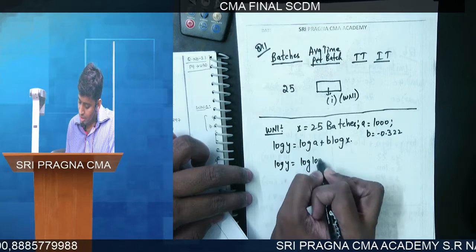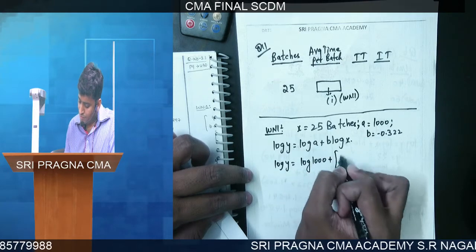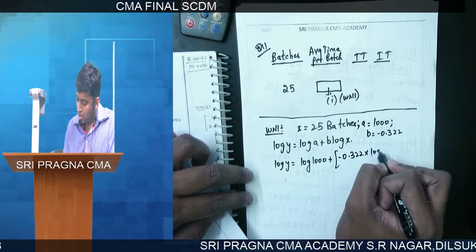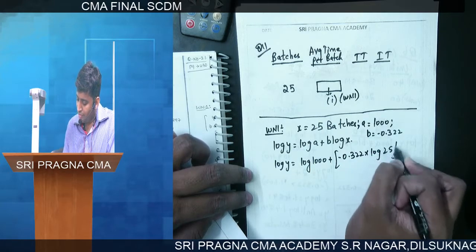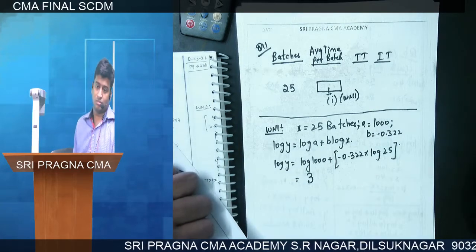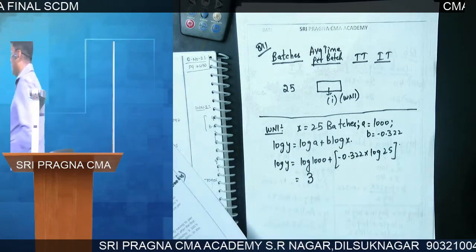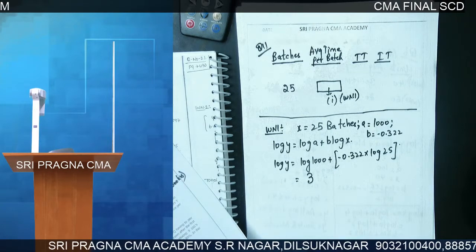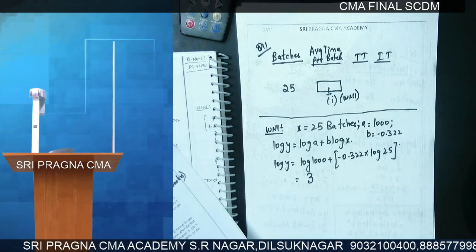log 1000 plus minus 0.322 into log 25. log 1000 is 3. Now listen, check whether the value of log 25 is given.